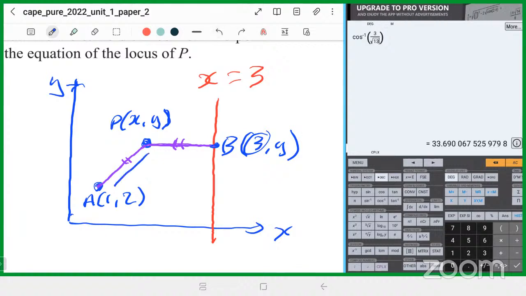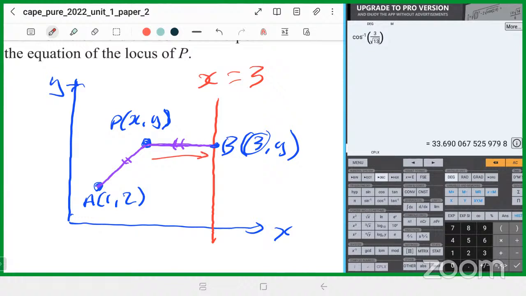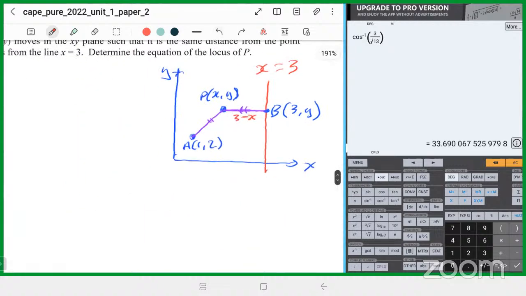And then this length now, you're going to use the length of line formula between these 2 points. But remember, this length is just the x value of 3 minus x. So this length is 3 minus x. So we need an expression for this length now and put it equal to 3 minus x.